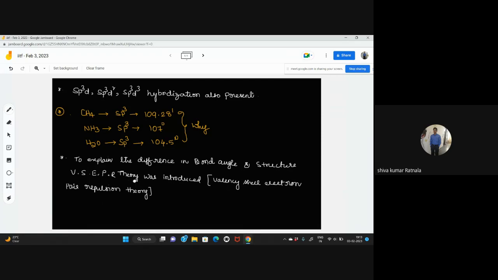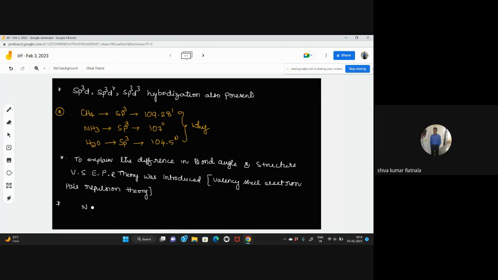So what does this theory say? The main point of the theory is about how electron pairs behave. To explain this, let me take hybridization in NH3.